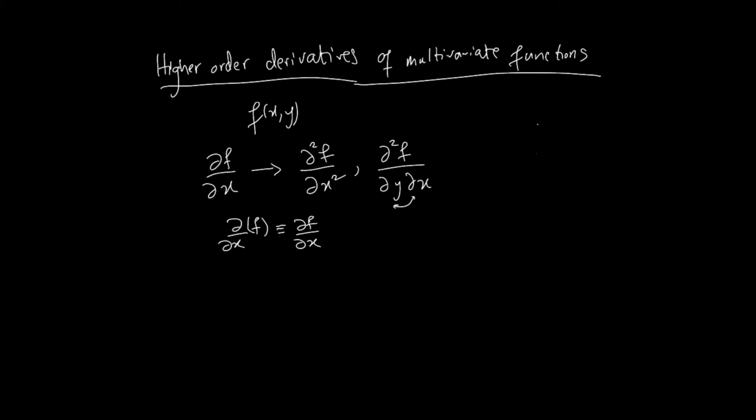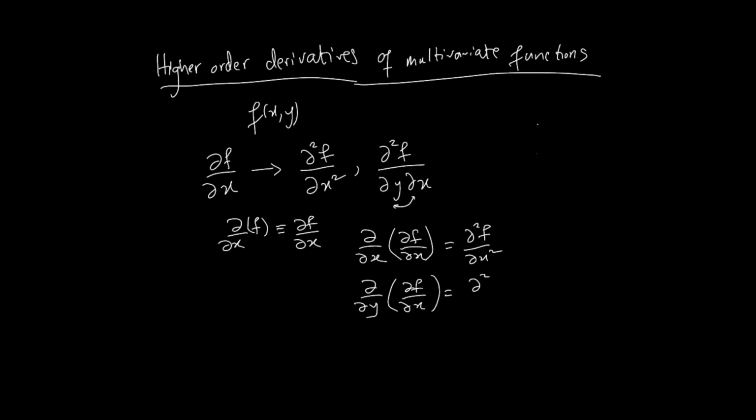When you now do a second derivative, that gives you your second derivative. But what if you take the y derivative operator and apply it to the x derivative? That gives you the second derivative in this order, where you can see it's coming from the left. So we first differentiate with respect to x, then we differentiate with respect to y.